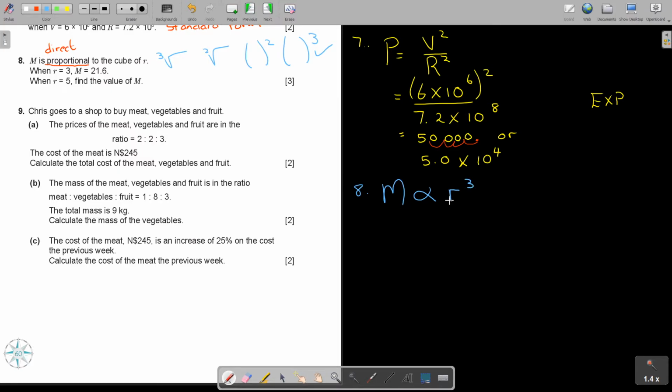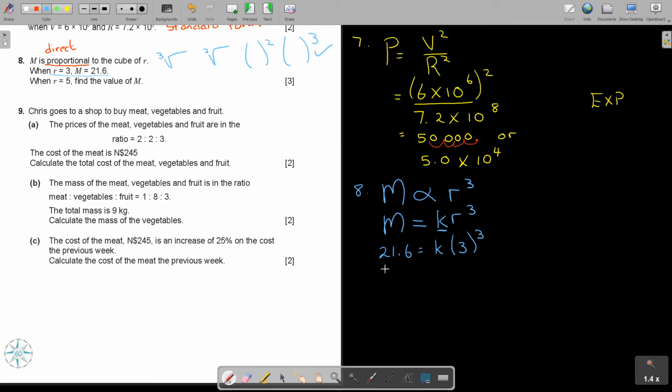Okay, and now they didn't ask you to find the equation, so it's actually like they ask A and B in the same question. It's not a problem. Let's just continue. Make it an equal, and by making it an equal, you must put the constant in. Okay, and then you must find first the value of k by using this information. So in the value of m, it's 21.6 equals k, and r is 3.